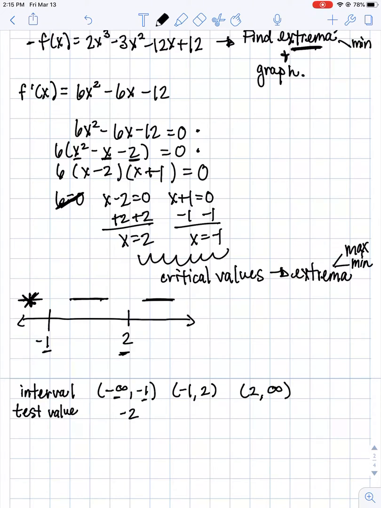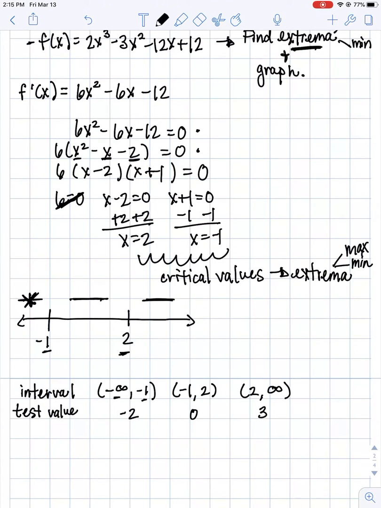I don't care as long as it's in between negative infinity and negative 1. On the second interval, pick a test value in between negative 1 and 2. You could pick 0 or 1 or any decimal in there. I'm going to choose 0. The last interval is 2 to infinity. I'm going to choose 3.